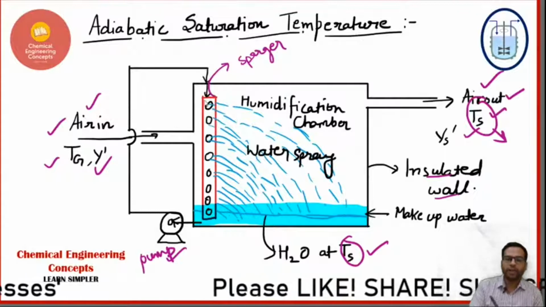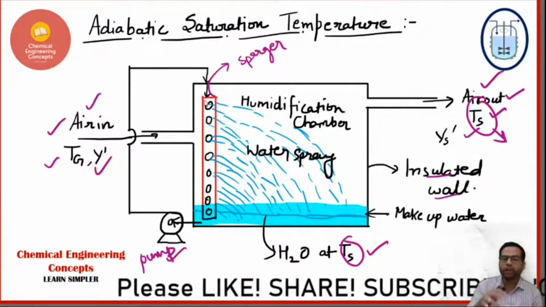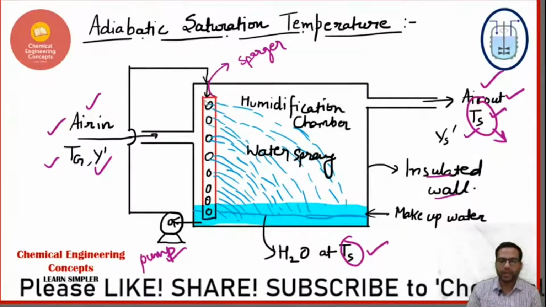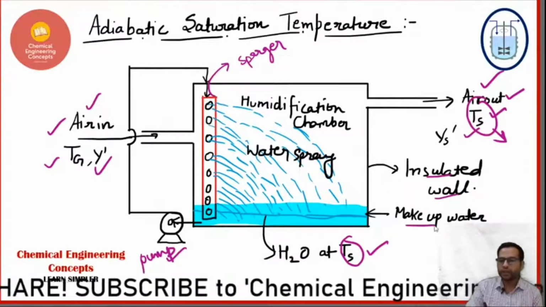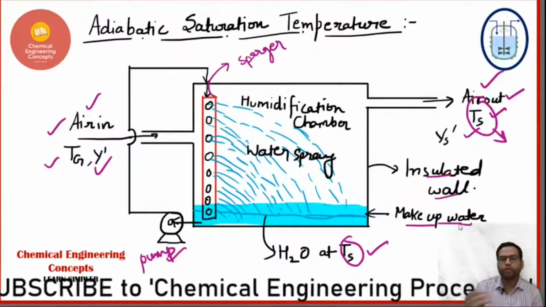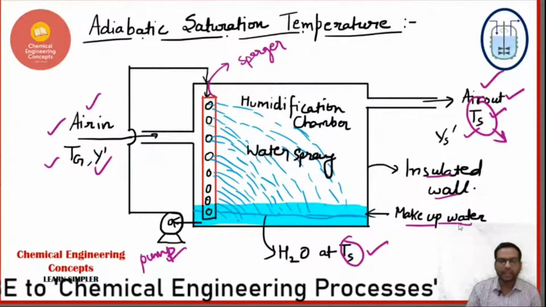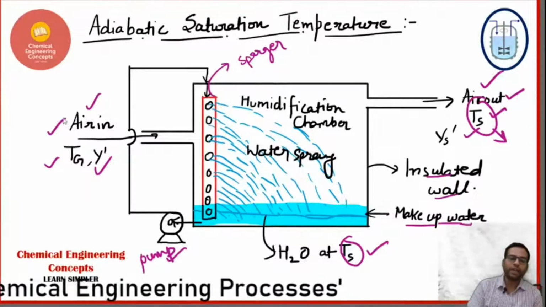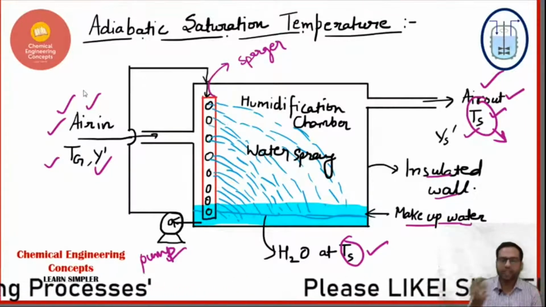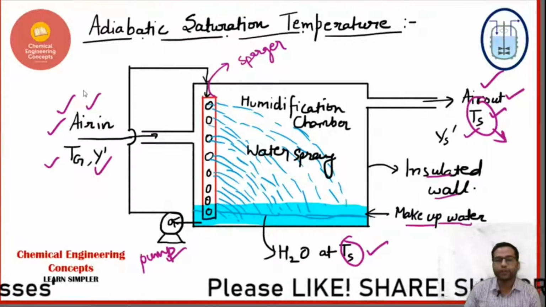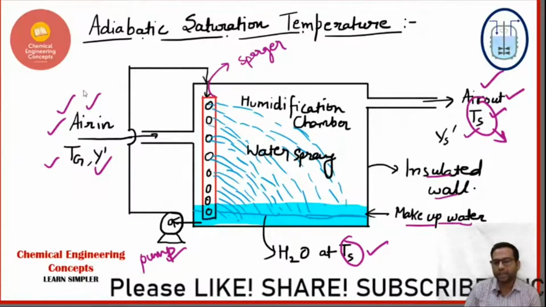So there is a sparger and continuous spraying happens. And if there is a scarcity of water here, we have some makeup water, ठीक है? तो कुछ पानी इसमें हम ऐड भी करते रहते हैं जिससे हमारा जो एयर इनलेट पे जो ह्यूमिडिटी के साथ आया था, it will go out in the saturated condition, right? It should go out in the saturated condition, ठीक है?